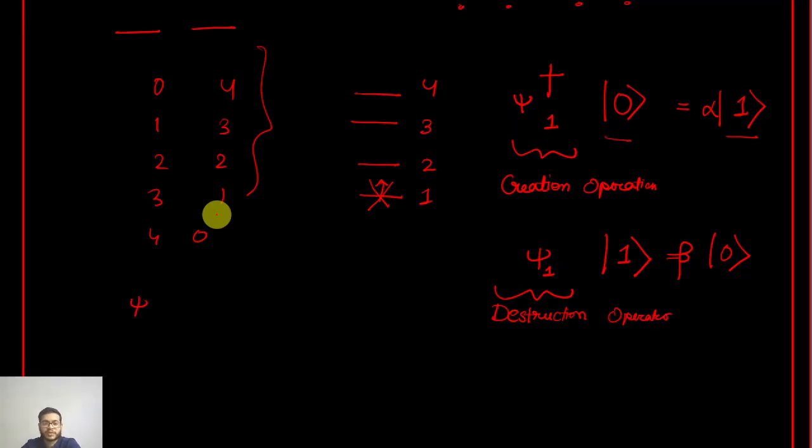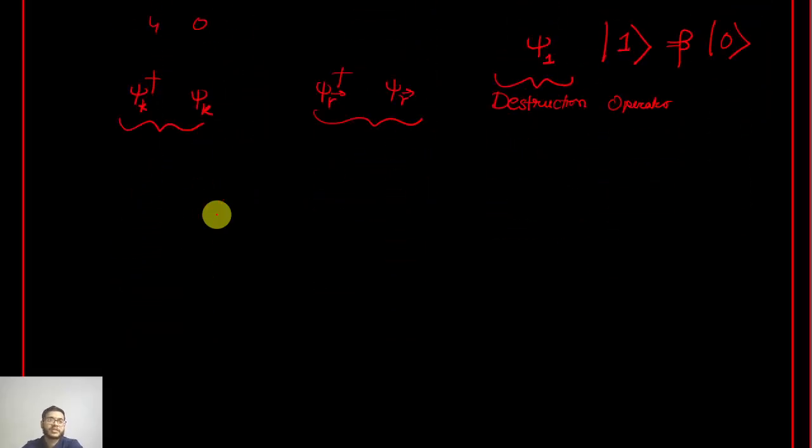So it will look like psi k dagger and psi k for creation and destruction at momentum k, and psi of r dagger and psi of r for position r. Similarly, for any state A which has multiple properties, there will be psi A dagger and psi A. That is how we do second quantization.